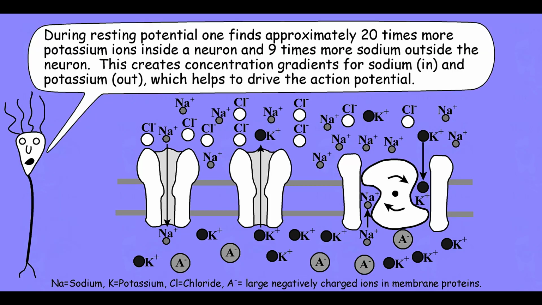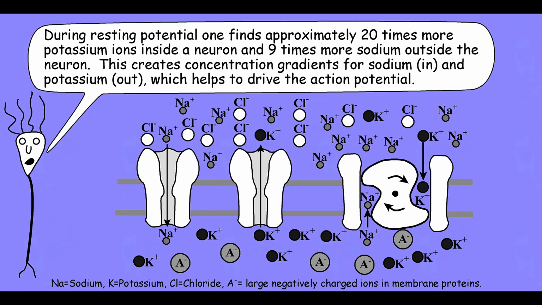The movement of ions occurs because of the electrochemical gradient. And what does that mean? Well, during resting potential, one finds approximately 20 times more potassium ions inside a neuron and about 9 times more sodium ions outside the neuron in the extracellular fluid.